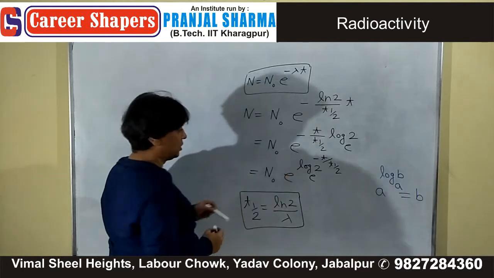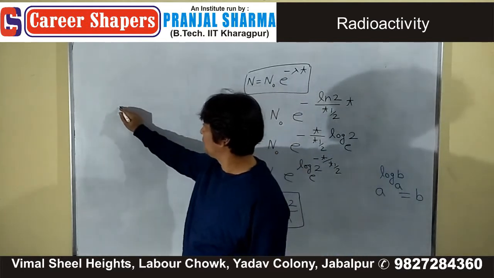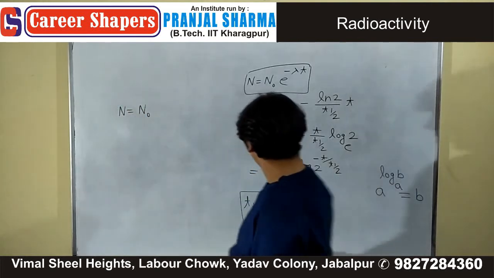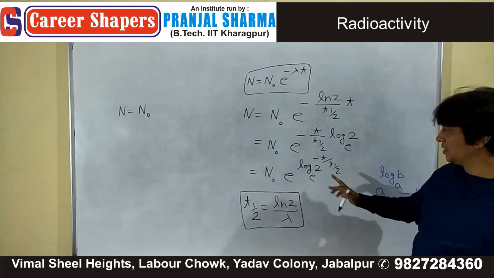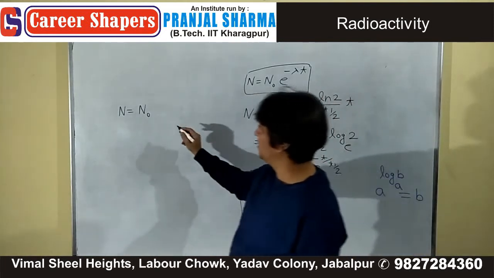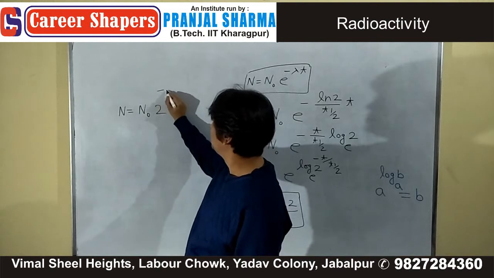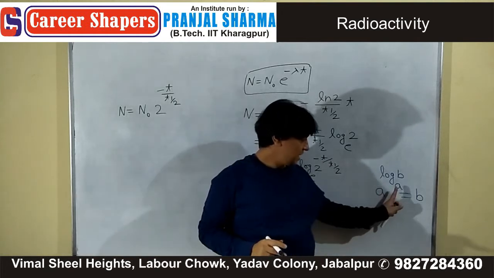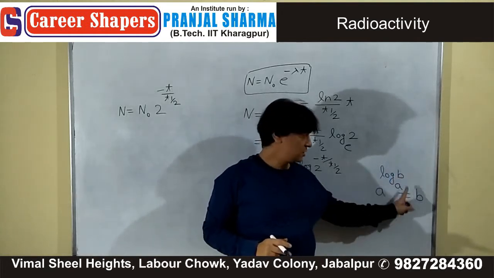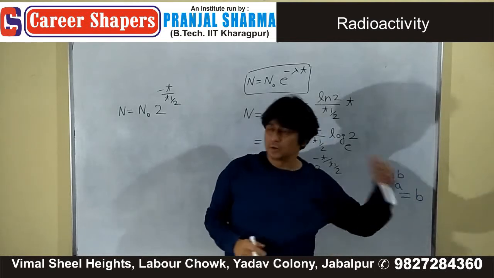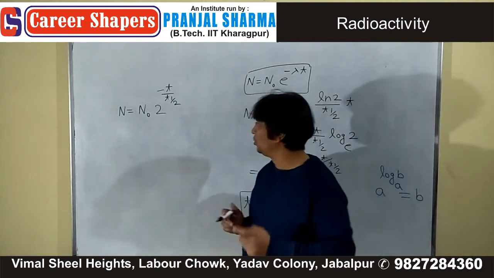And once you forget about log, it gives you this format. N is coming N naught, e gone, log gone, 2 to the power minus t upon t half. It's coming from this a log. These things are gone and you're simply left with b. It's a simple property. You can see this in that lecture which I've told you about.